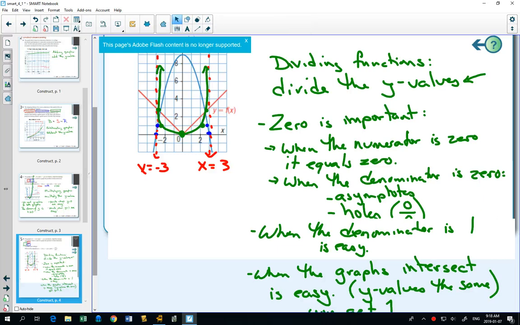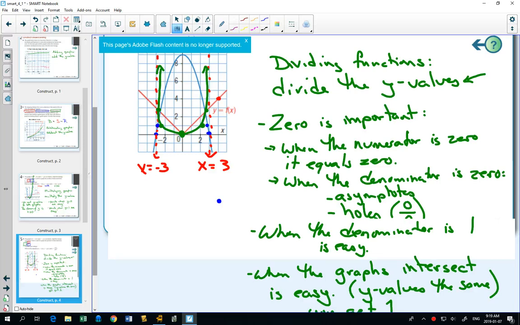What's going to happen in my other sections? Well, here I have a red point at 4. My blue graph, I don't even know where it's going to be, somewhere down here. If I did the red divided by the blue, 4 divided by negative something, will my answer be positive or negative? It's going to be negative. So I don't know exactly where this is going to be.